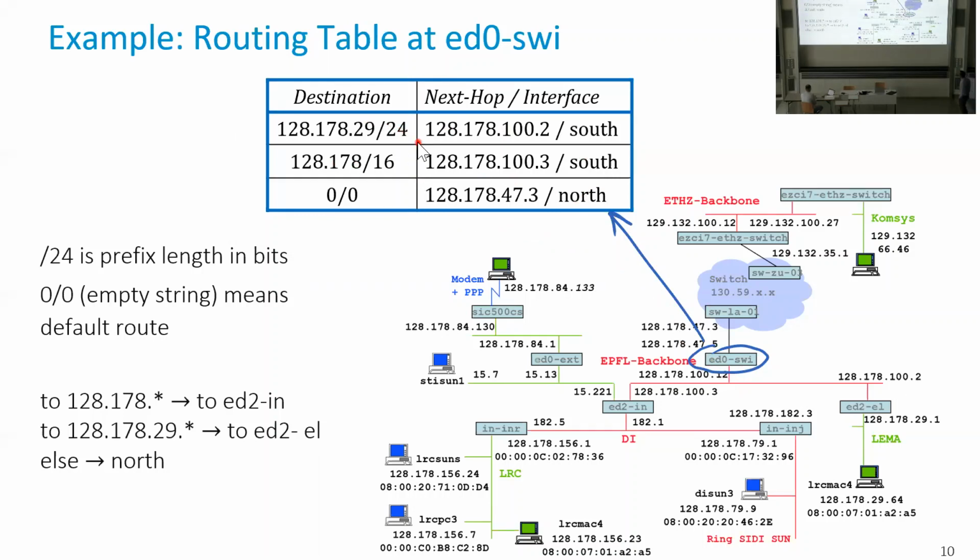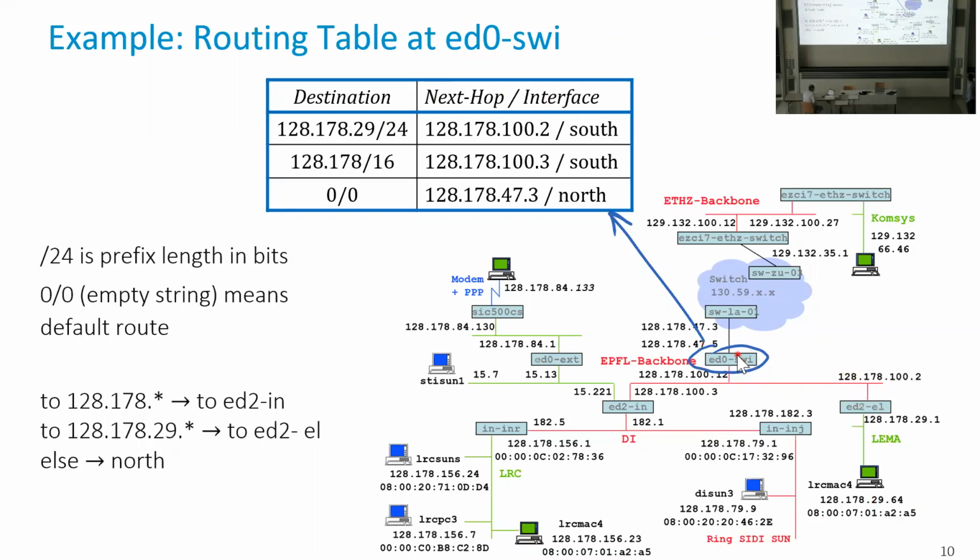What does it mean here? Well, it means the south and the next hop. Remember that at EPFL, the 3rd byte is typically used for identifying the subnet. So the 29 subnet is this subnet here, which is directly connected to the backbone.